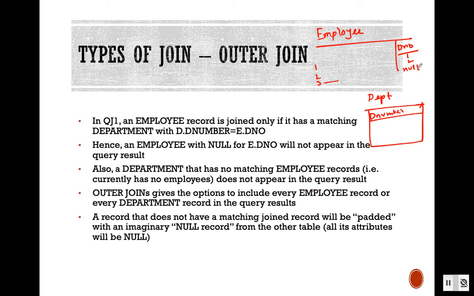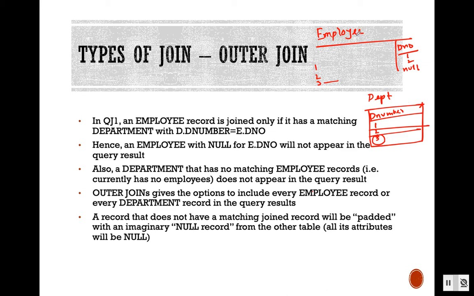We can also have more than two departments, 1, 2 and 3. In the employee table there is no record with Dnumber 3, because, say, we haven't assigned any employees to department 3 yet. It's a new department.